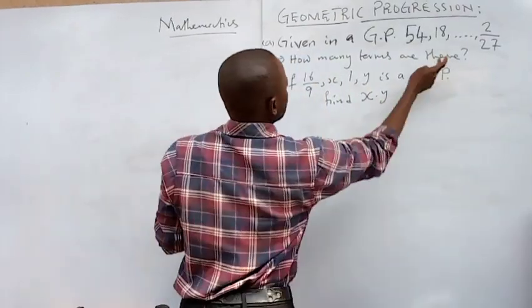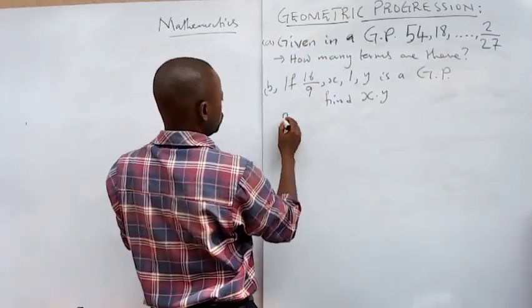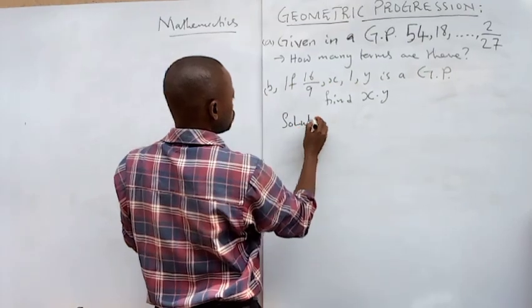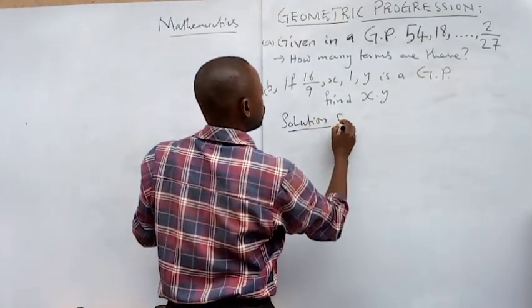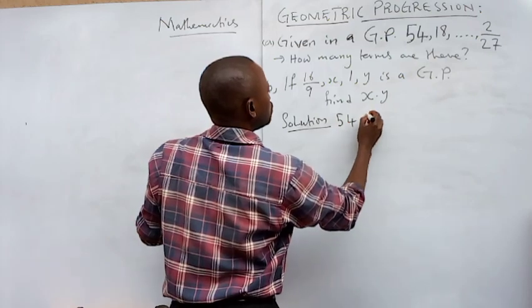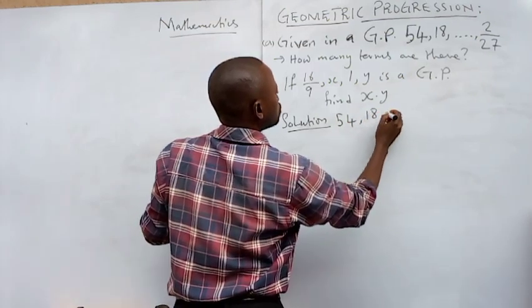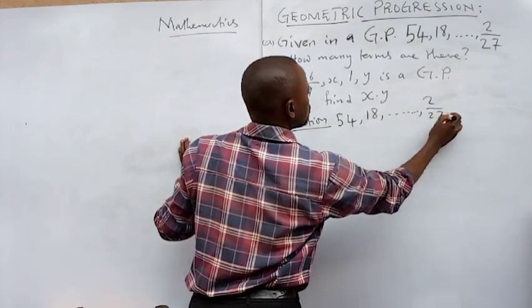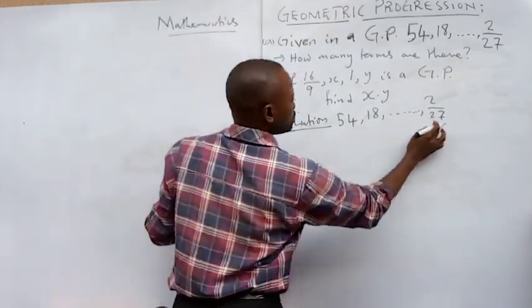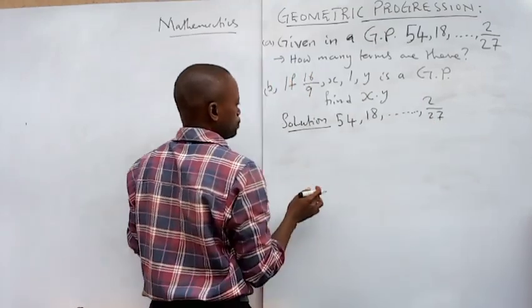How many terms are there? So, solution. What you have is 54, 18, to 2 over 27. We want to know how many terms exist between here and here.